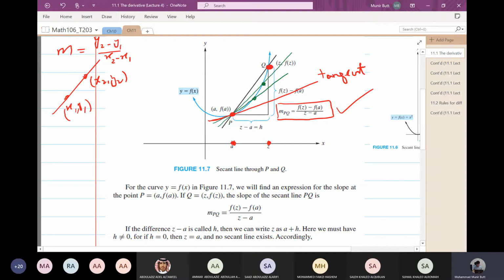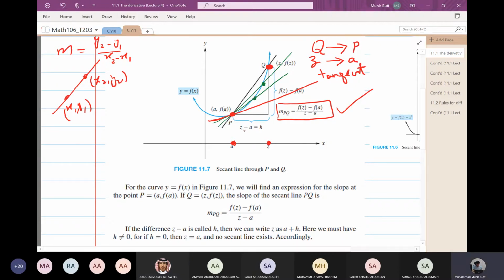So what we are doing here is coming from this Q point towards the point P. It means that from the point Z, we are coming towards the point A. Agree? Yes.